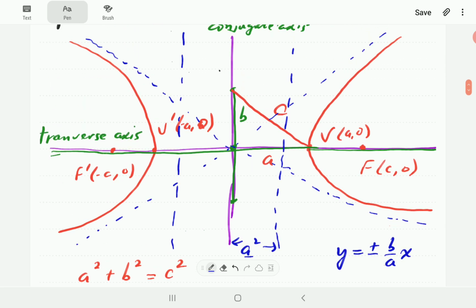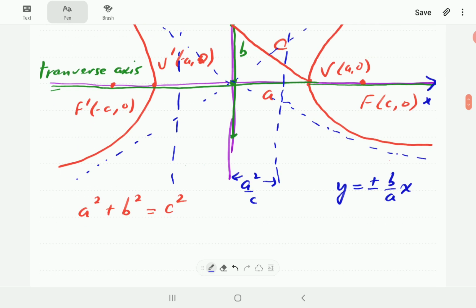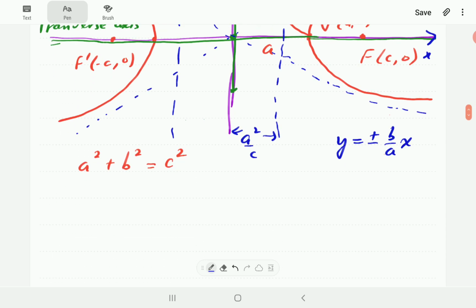So for a hyperbola like this one, if this is the x-axis and that is the y-axis, this is centered at the origin. The transverse axis is along the x-axis.